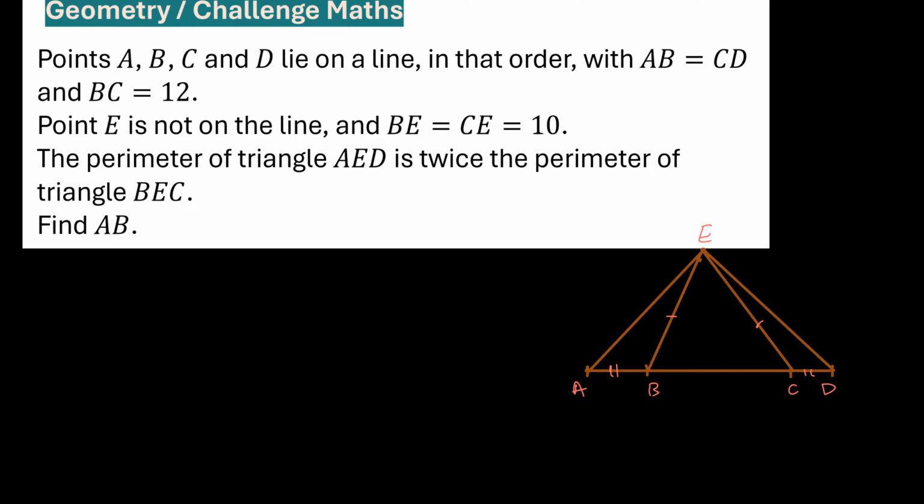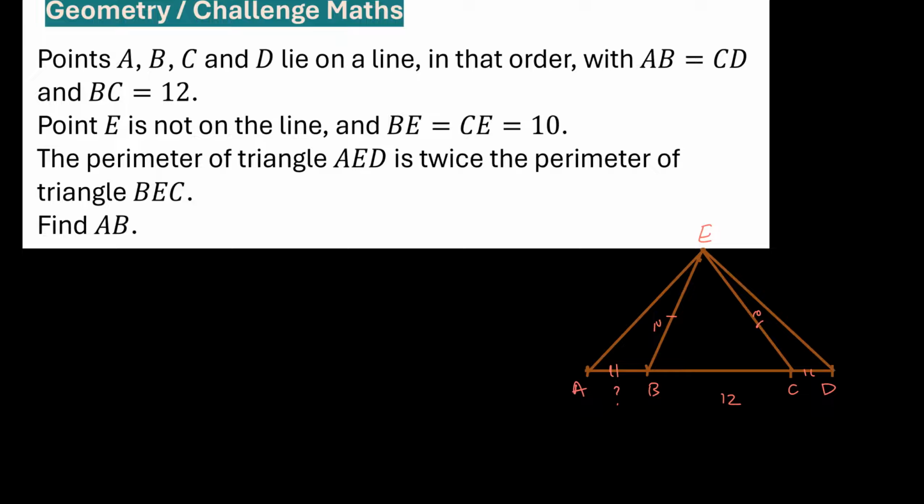This is 10, this is 10, and BC is 12. So this is what we've been given. Now the perimeter of AED is twice that of BEC, and we need to find AB.